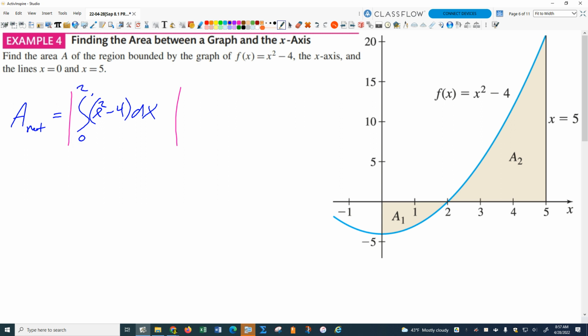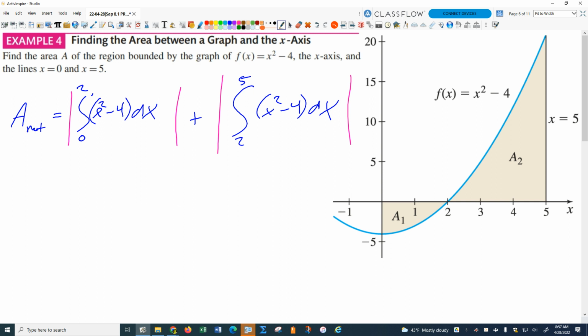So we're just looking at this piece, plus the absolute value of the second integral, right? You can do that. That's fine. You're going to get the right answer. If you don't want to use absolute values, sometimes we want to avoid that.